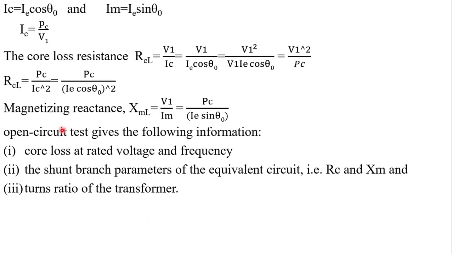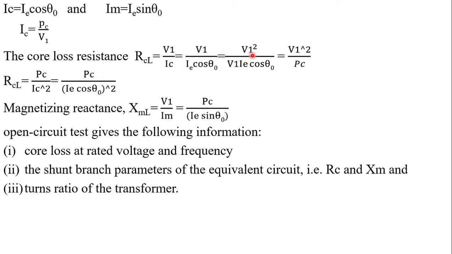Now IC, the core loss current, is equal to IE, the exciting current, times cos theta naught, while the magnetizing current IM is equal to IE sin theta naught. Here IC is equal to PC over V1. The core loss resistance RCL is equal to V1 over IC, and IC means IE cos theta naught.